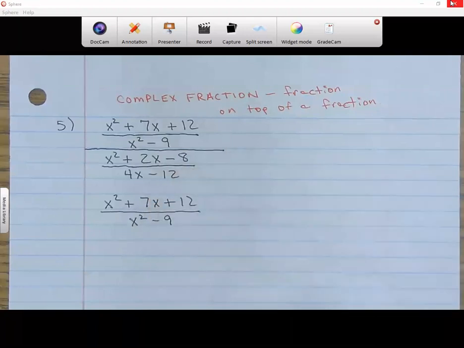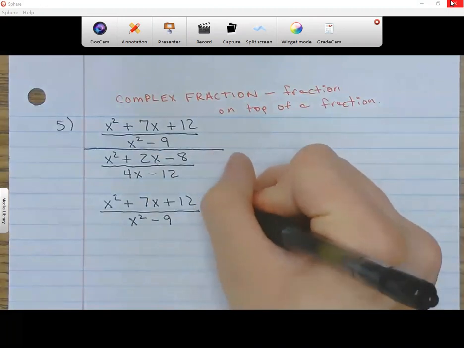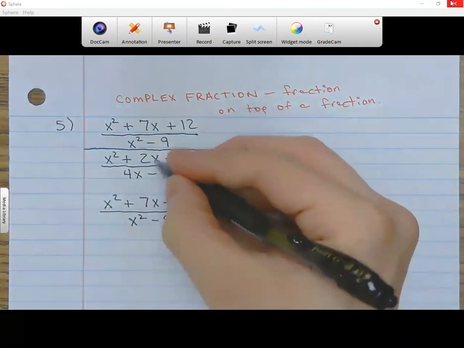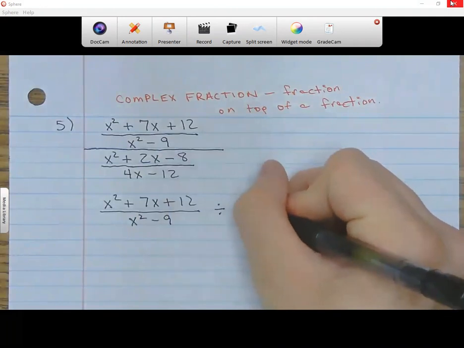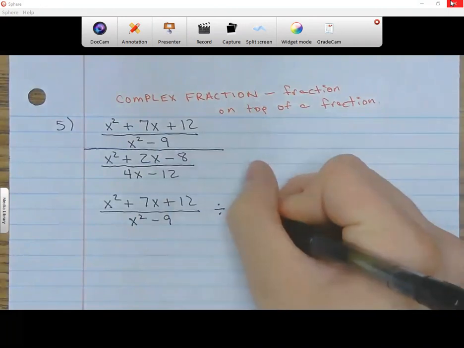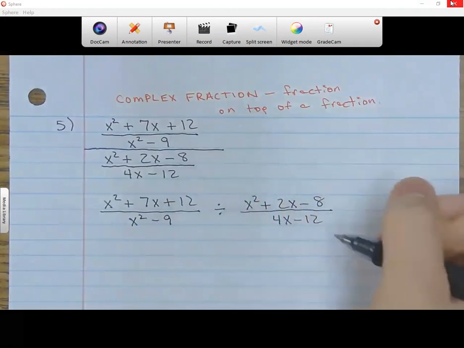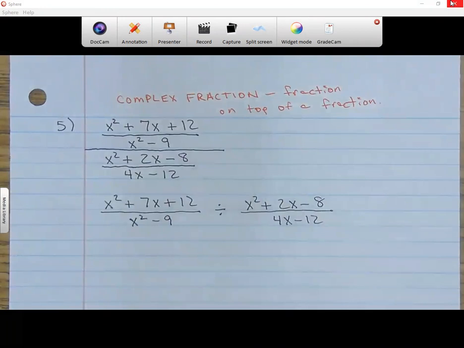I haven't factored anything yet. We'll get to that though. And I'm going to be dividing this by what? The bottom, right? x squared plus 2x minus 8 over 4x minus 12. So this is really what I have. I have the top fraction divided by the bottom fraction.